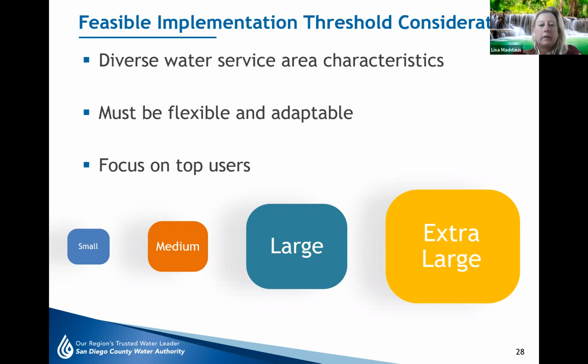Essentially, research has shown that the top 10 or top 20% of users by volume will capture the majority of your water use. And same if you do a list of your top 100 or top 200 users, you would capture the majority of your water use if you're a medium size or large size utility. So we want to discuss more about that. We'll be presenting some of that. Next slide.